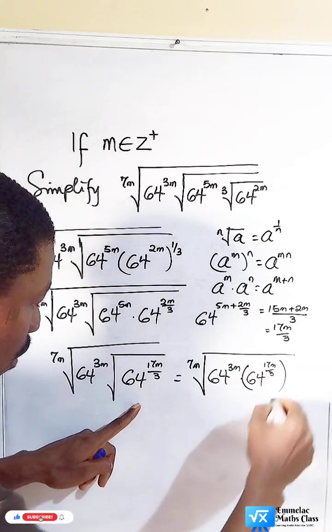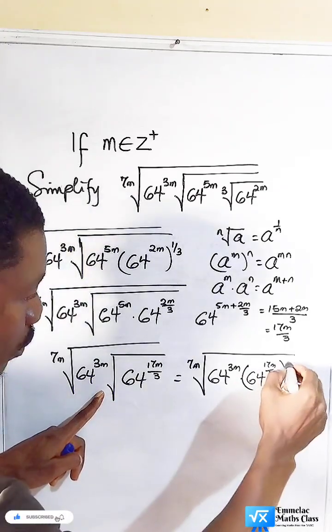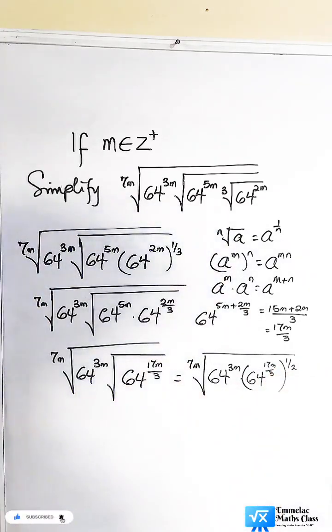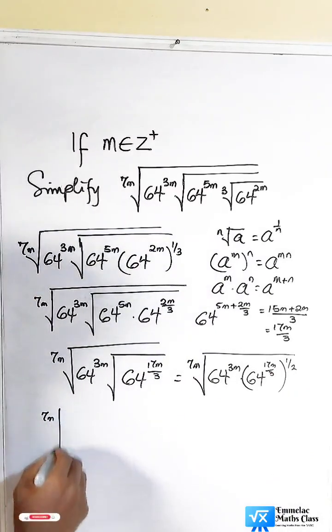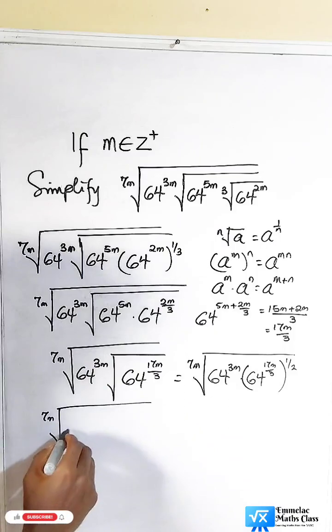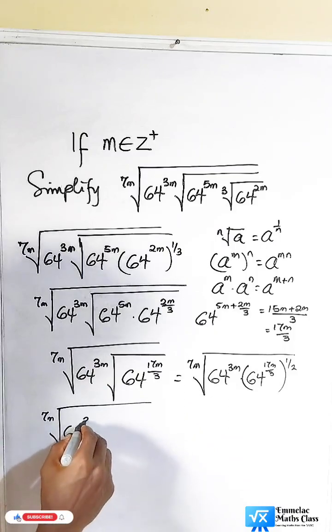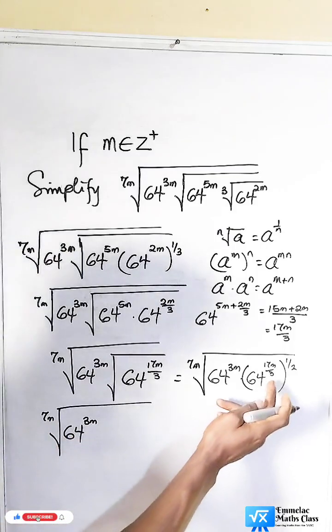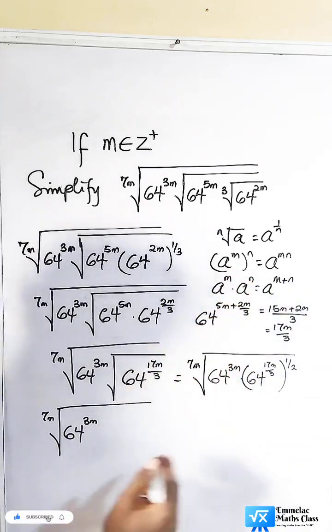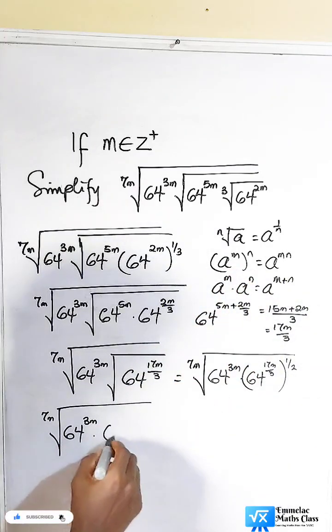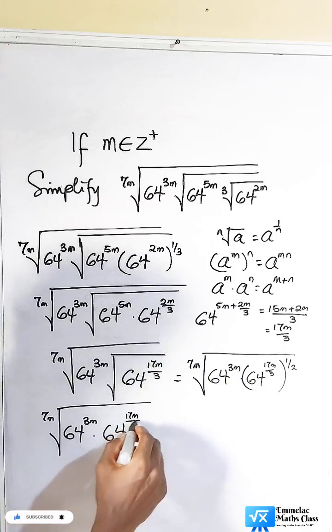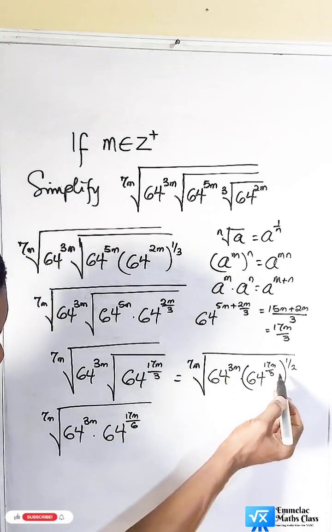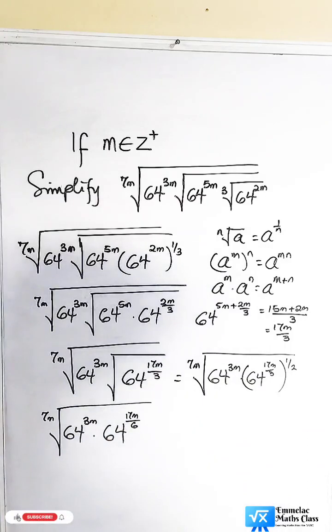Take note, all raised to the power of 1 over 2, which ends up becoming the 7m root of 64 raised to the power of 3m. Then when we multiply according to this rule here, we have times 64 raised to the power of 17m all over 6, because when we multiply 3 times 2 gives us 6.